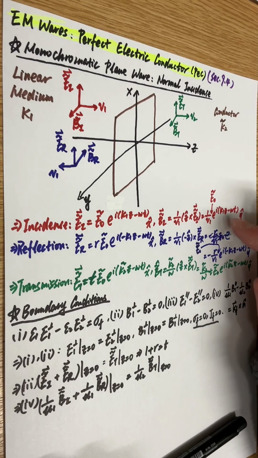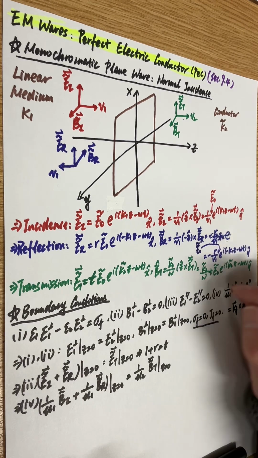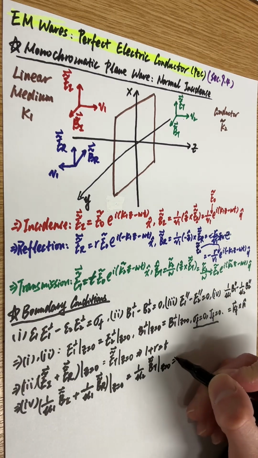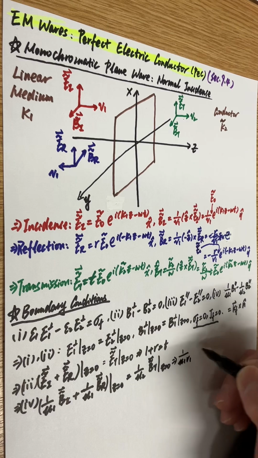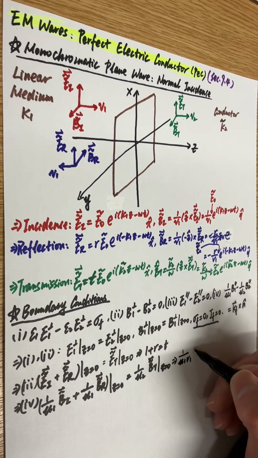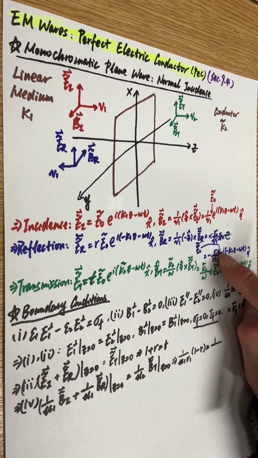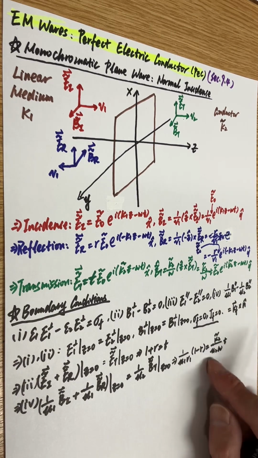So this relationship on the left will have 1 divided by V1 minus R divided by V1, and on the right, kappa 2 divided by omega multiplied by T. So this gives us 1 divided by mu1 V1 times 1 minus R equals kappa 2 divided by mu2 omega times T. So this is another relationship.